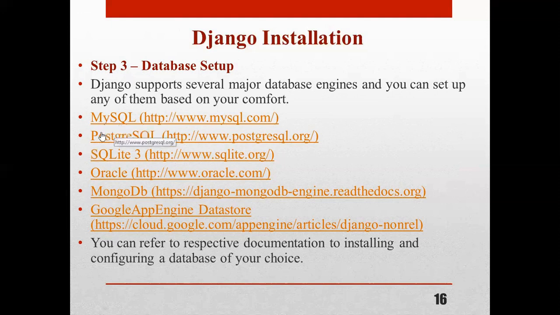It supports MySQL, PostgreSQL, SQLite 3, Oracle, MongoDB and Google App Engine. These last two are NoSQL. So you can refer to the respective documentation for installing and configuring the database of your choice. You can select any one of the databases for your purpose.